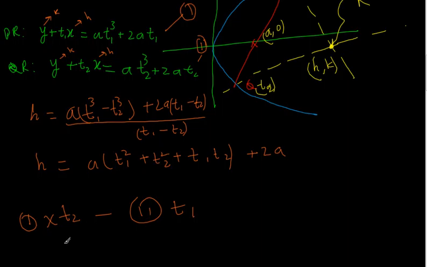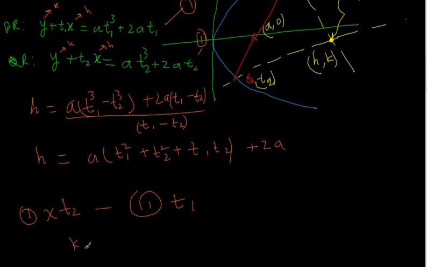You will get K times (T2 minus T1). You have T1 cube T2 and T2 cube T1 terms, and the 2a T1 T2 terms will get cancelled.